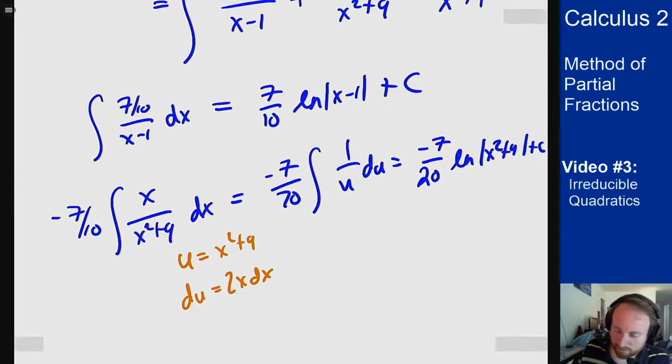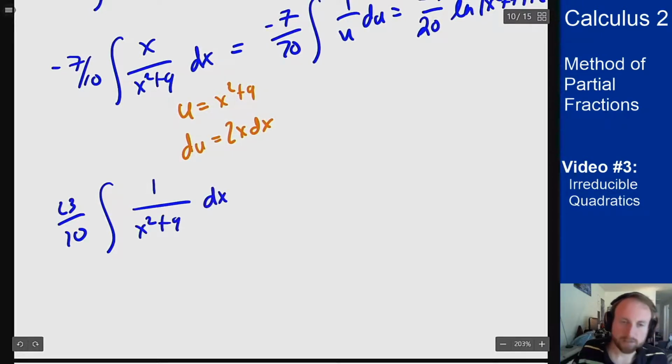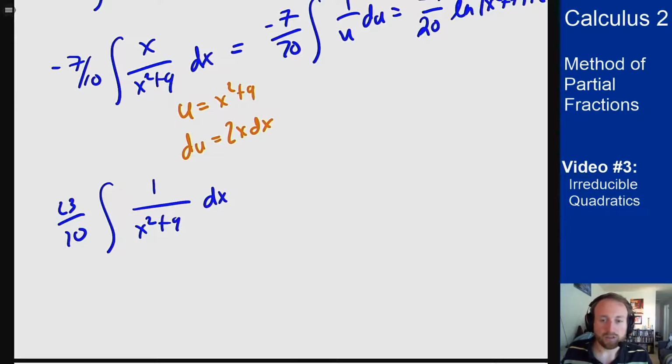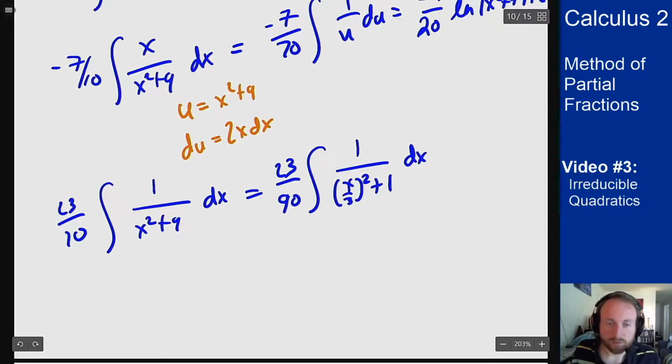And now the last one is 23 over 10 integral of 1 over x squared plus 9 dx. Now you could either do this with trig substitution or with our formulas for inverse trig integrals to get to 23 over 90 integral of 1 over (x over 3) squared plus 1 dx, by just pulling out a 9.